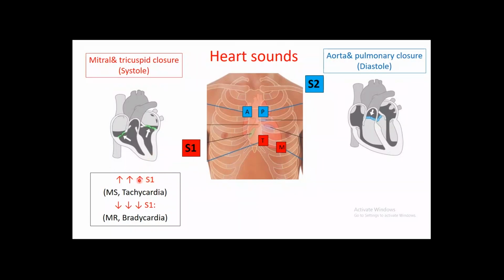Accentuation of the first heart sound is caused by either a problem in the leaflet that becomes more rigid, causing accentuation of the meeting of these leaflets together, like in patients with rheumatic mitral stenosis, or where the force of closure is rapid or forceful. This occurs with high heart rate, in tachycardia.